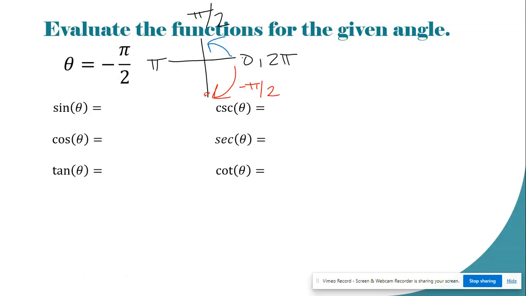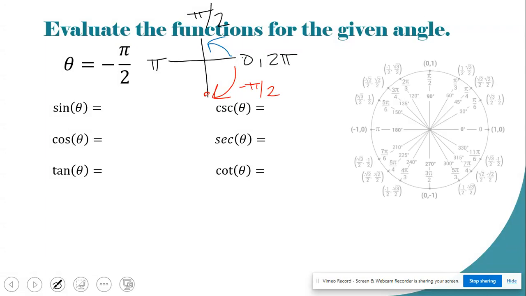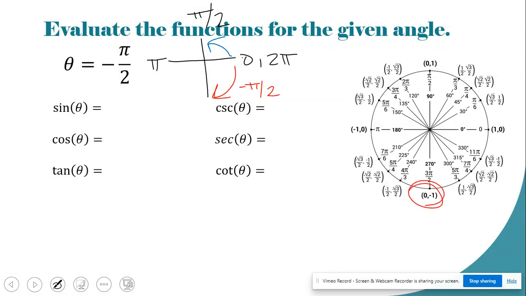And these points, these are called quadrantal points. And those coordinates are with 0 and 1. So we're going to look at this point over here, 3 pi over 2, 0, comma, negative 1. Remember, again, all of your coordinates are always going to be represented by cosine, comma, sine.